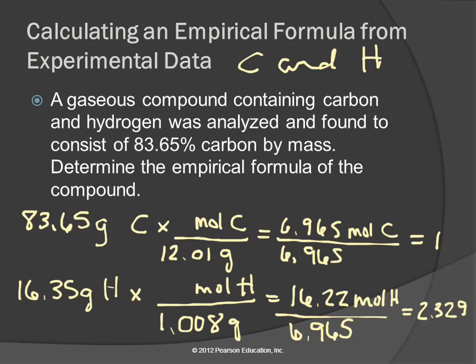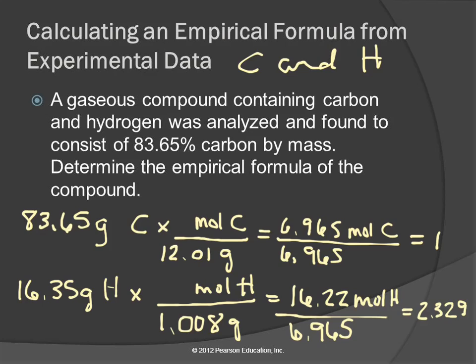So the ratio of carbons to hydrogen is 1 to 2.329. That's not a whole number. And that's not close enough to round off. You can't just round it to 2. So then what do we do? Well, we need to multiply both of these numbers by something.